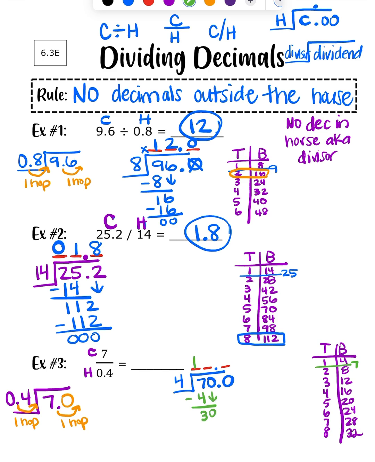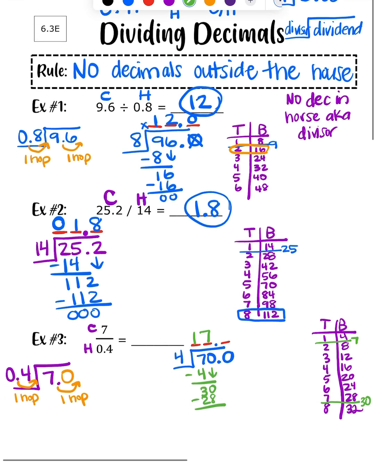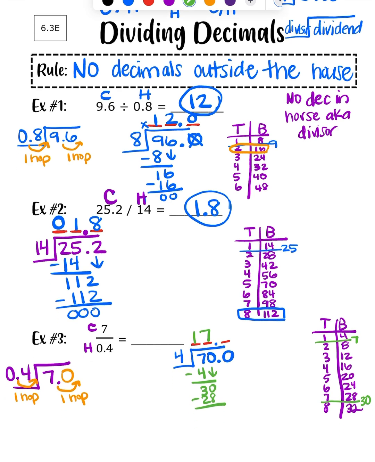All right, this time I ask myself, can 4 people sit in 30 chairs? I look at my list and 30 would fit right here in between 28 and 32. So we look right above it and we say on top 7, on bottom 28. 30 minus 28 is going to be 2.